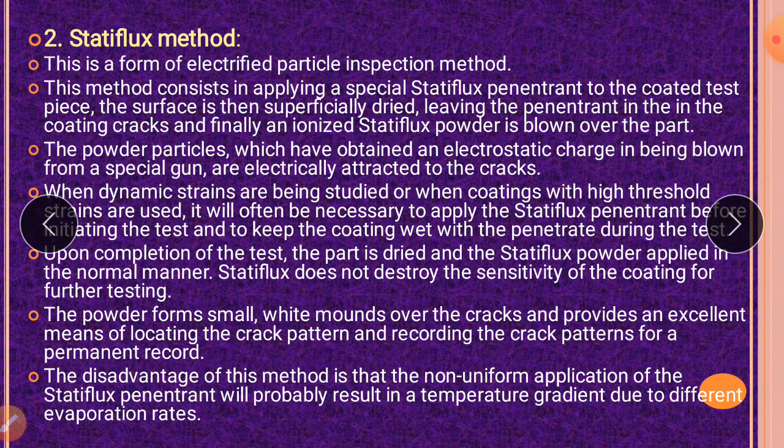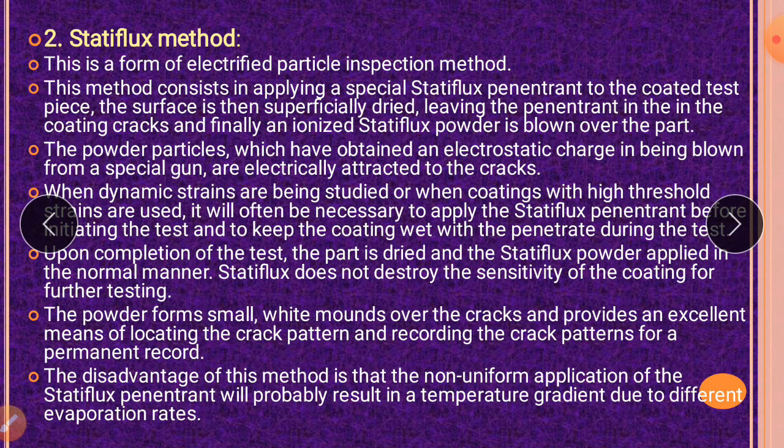In this method, we first take the Statiflux penetrant and apply it over the coating. After that, we remove the penetrant, leaving it only in the areas where the cracks are. After that, the Statiflux powder is blown over that part.